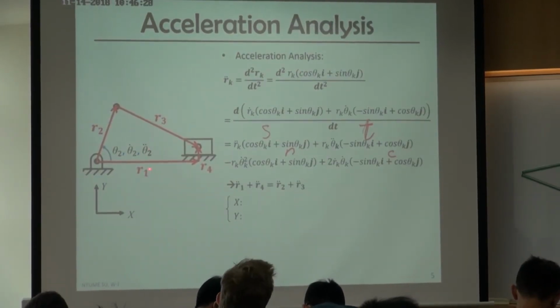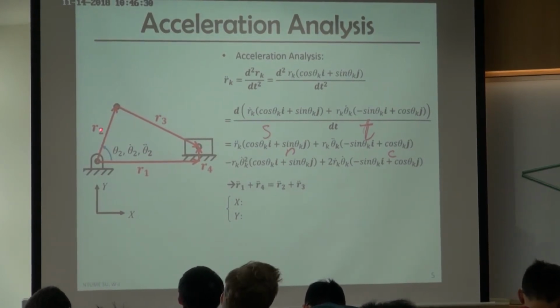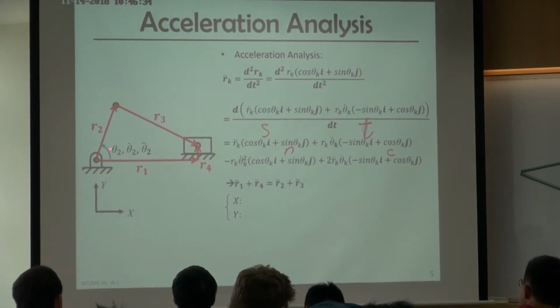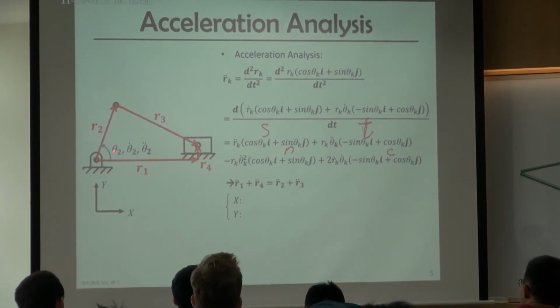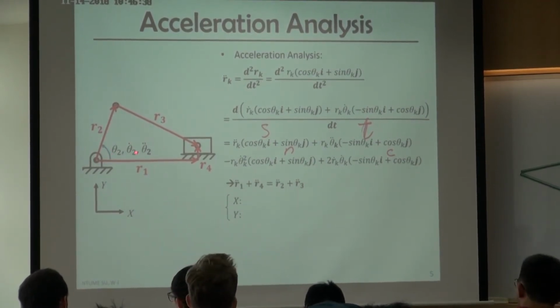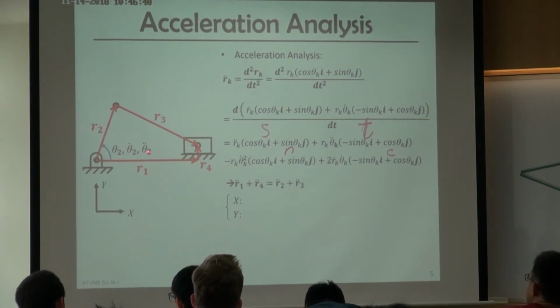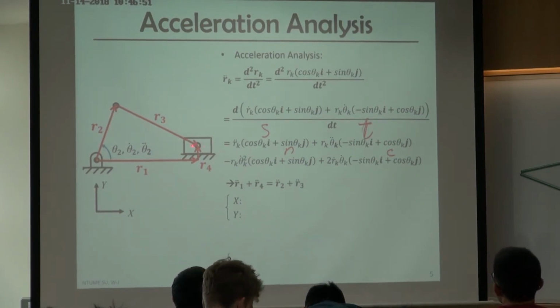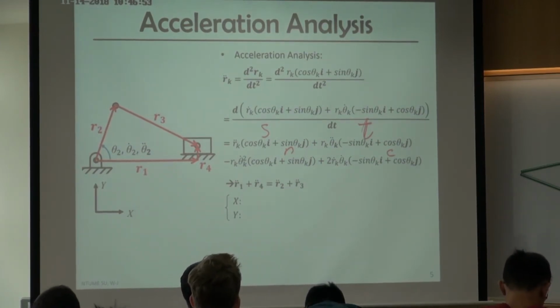In the previous case, if we say it's a crank slider, we use the crank as a driver, and the driving speed is theta 2 dot, or the acceleration is theta 2 double dot. And the output is the motion of the slider, either the velocity or the acceleration of the slider.